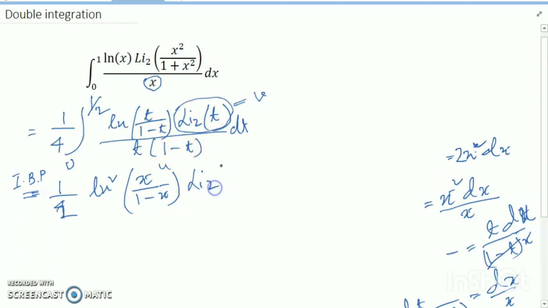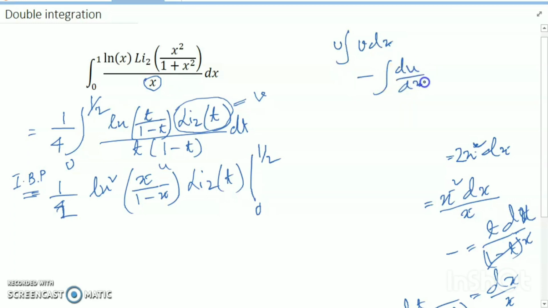I hope you have understood this portion, because the formula is integral of u dv equals u into v minus the integral of du divided by dx into v dx. So this is the IBP formula.